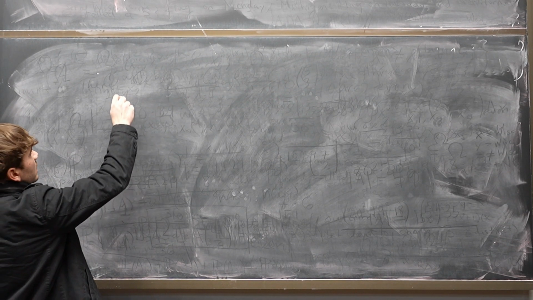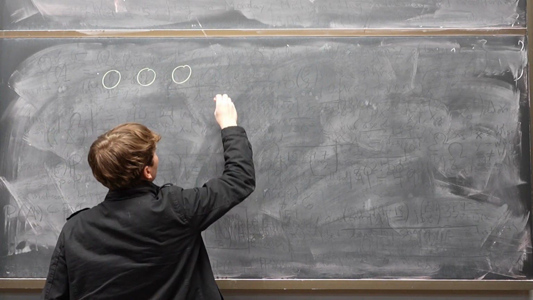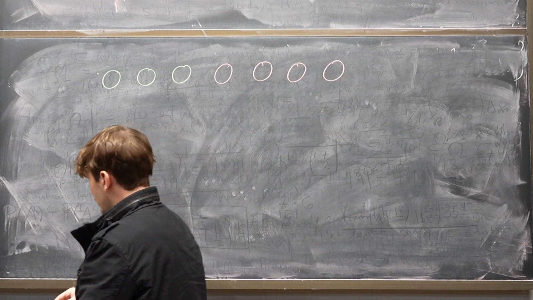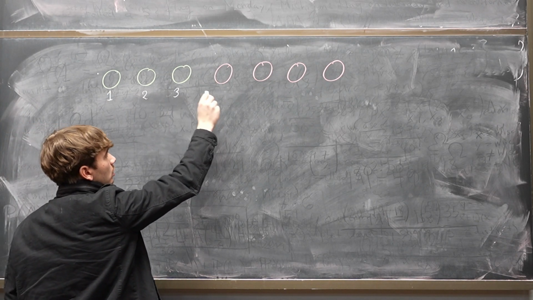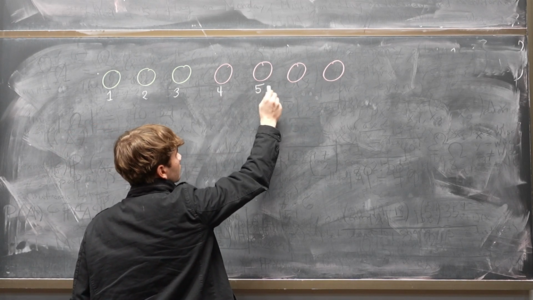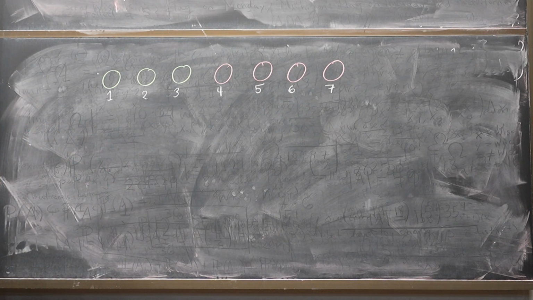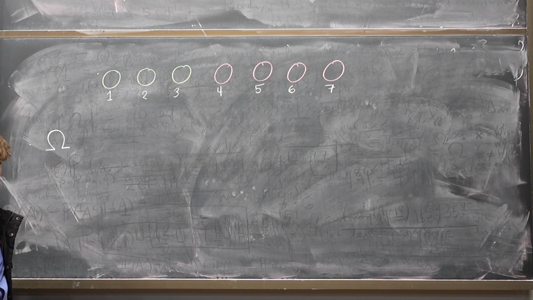Okay, so let's draw our set of balls. And then I'm going to label these balls 1 through 7 and momentarily ignore their color. Okay? So then if I ignore the color, my sample space, the set of possible outcomes, is just the set of possible choices of 2 balls.